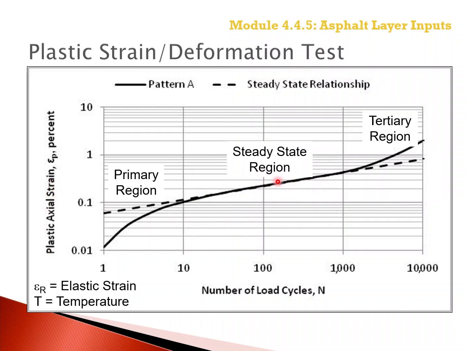The tertiary region is where the plastic axial strain increases at an increasing rate with number of load cycles.